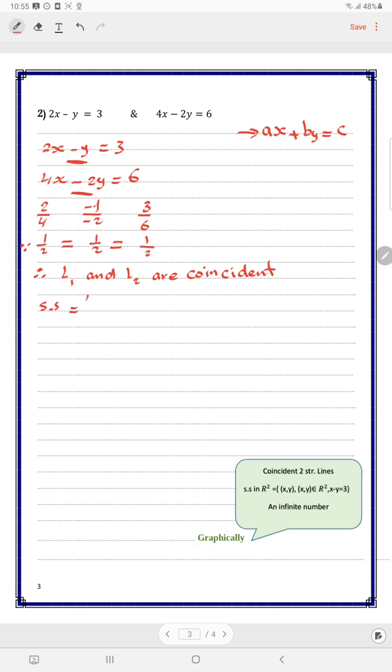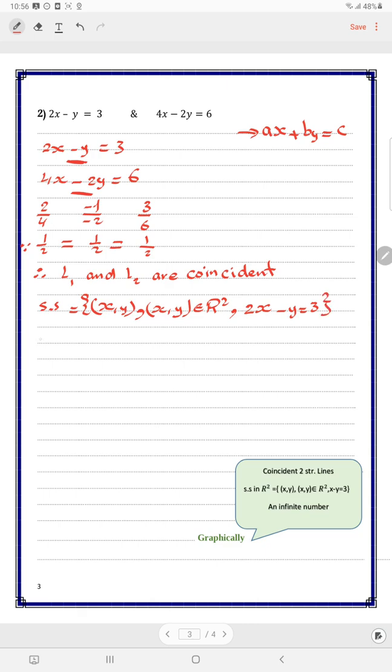How to write it? We studied this before. I will write any point (x, y), where x and y belong to R, and I will write any equation of the two given equations: 2x minus y equals 3. It's a very easy method.